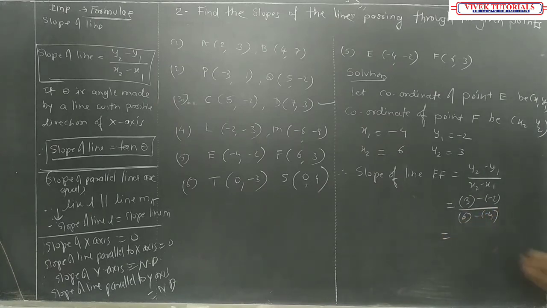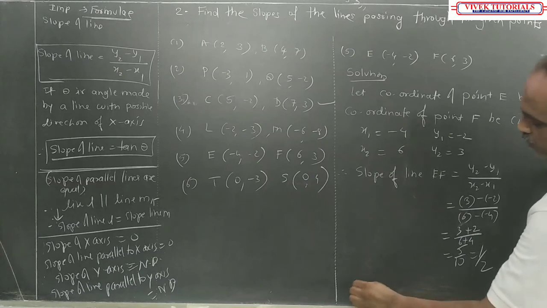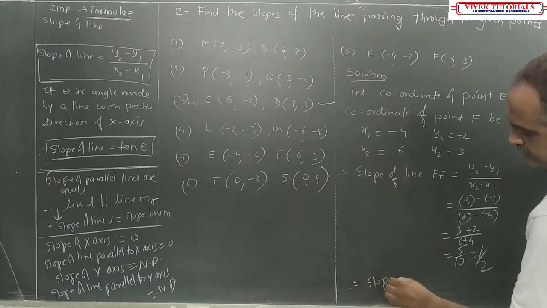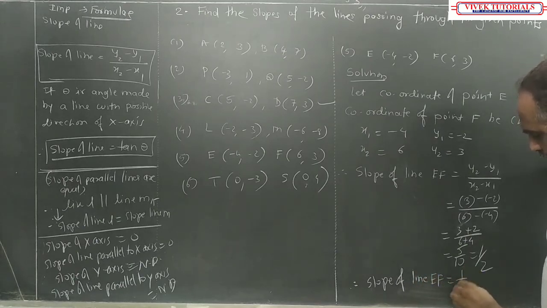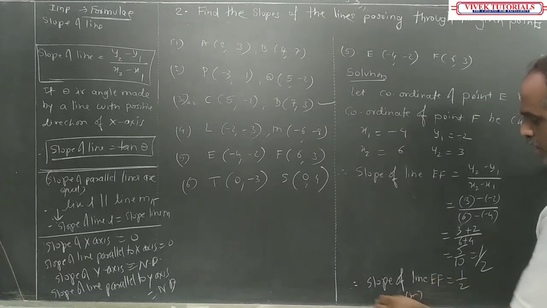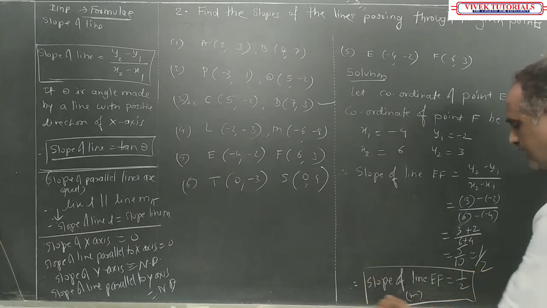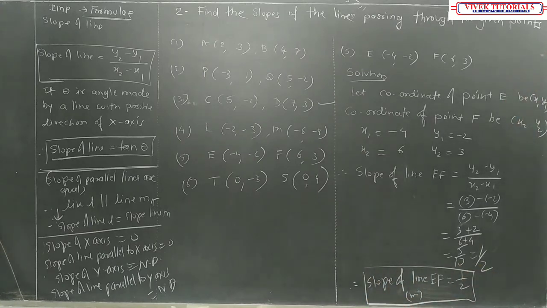So what we are getting is 3 plus 2 upon 6 plus 4, which is 5 upon 10, meaning 1 upon 2. Therefore, the slope of line EF is equal to 1 upon 2. Put that in the box. Copy it down properly.